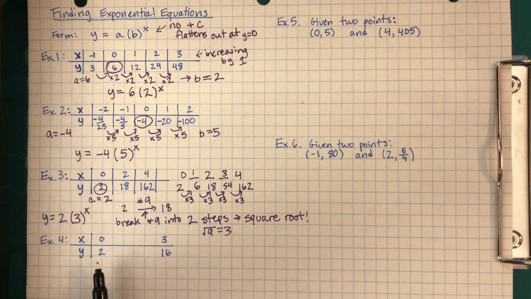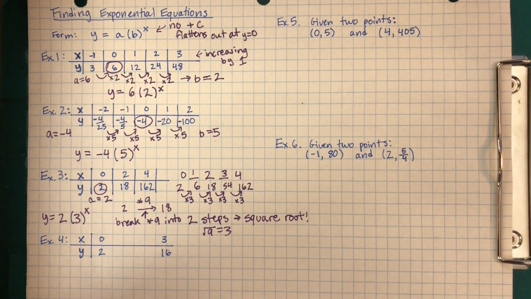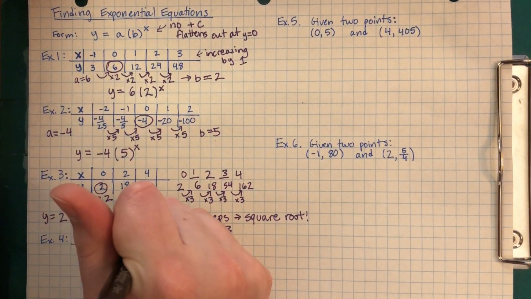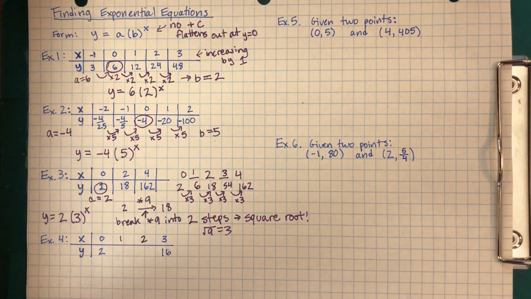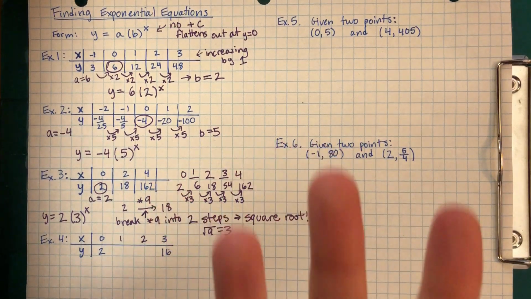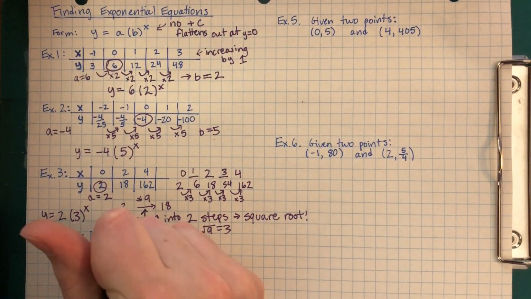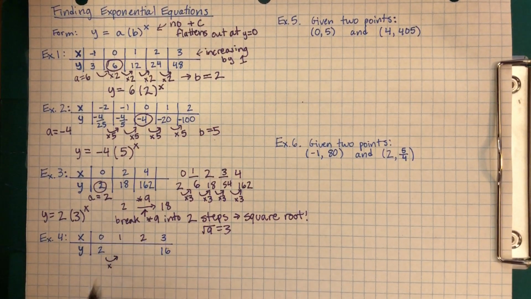So here we are missing more numbers. I'm missing 1 and I'm missing 2. So if you want, we can start by doing kind of the same thing we did here. Try to figure out what number I need to multiply by to get from 2 to 16 in 3 steps, because I need to do times something here to get from this spot to this spot.